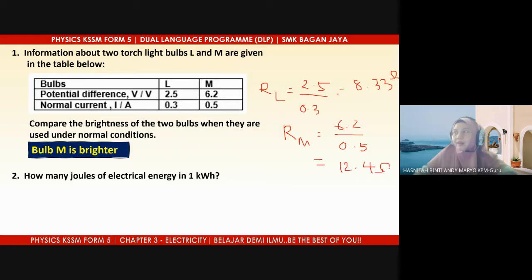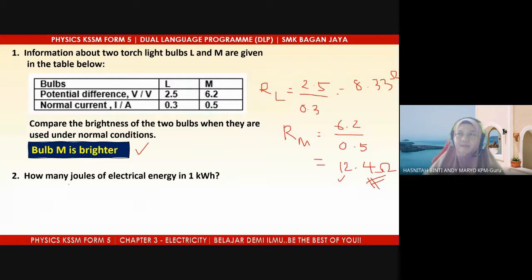So you see here, the brighter bulb has resistance 12.4. So students, for a light bulb, when the resistance is higher, it will generate more heat in the bulb. So the bulb will light up brighter. So that's why the answer is bulb M.